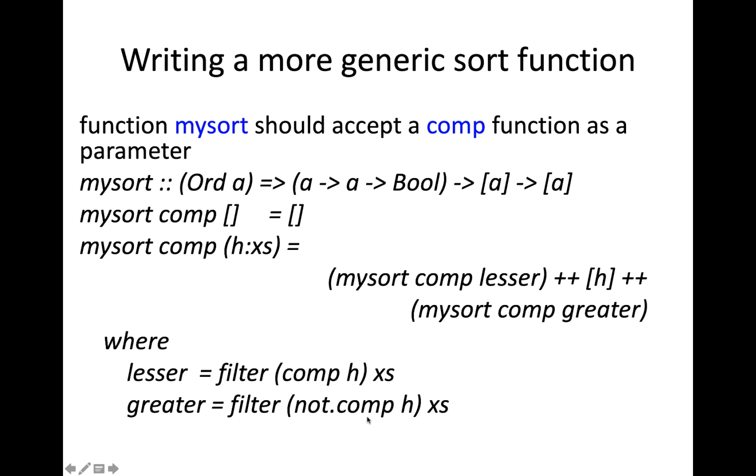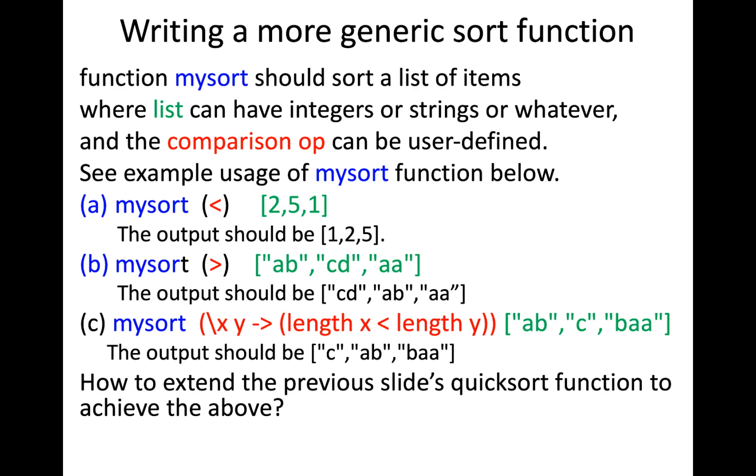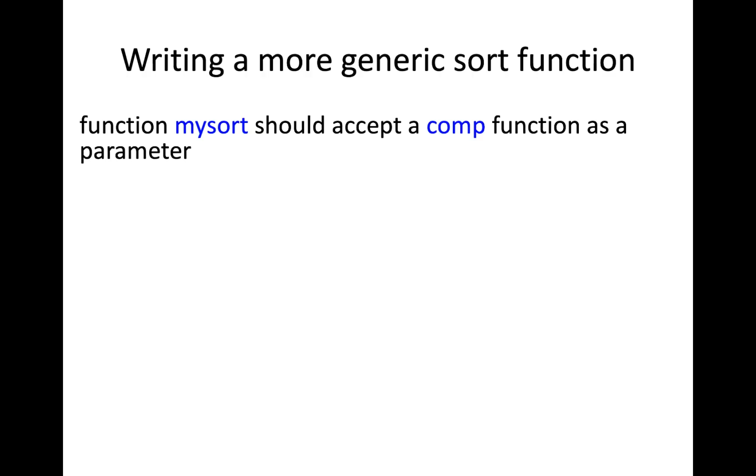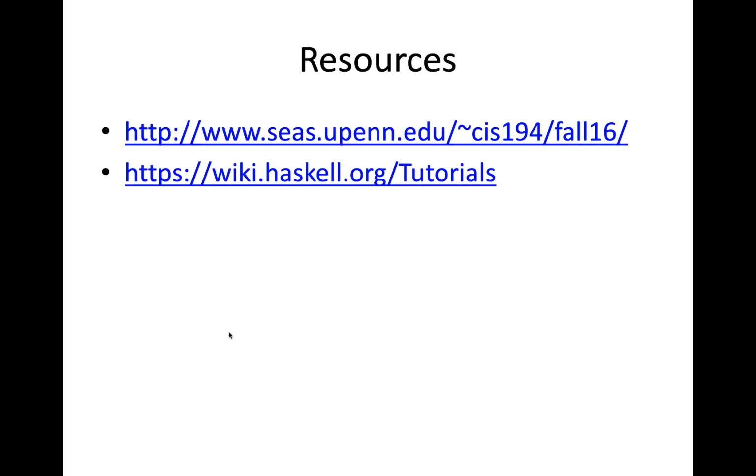So you see that it's very generic, and it can achieve the goal we had here, that whatever is the comparison operator coming as a parameter from outside, that can work on this implementation. Okay, so hopefully it makes sense.